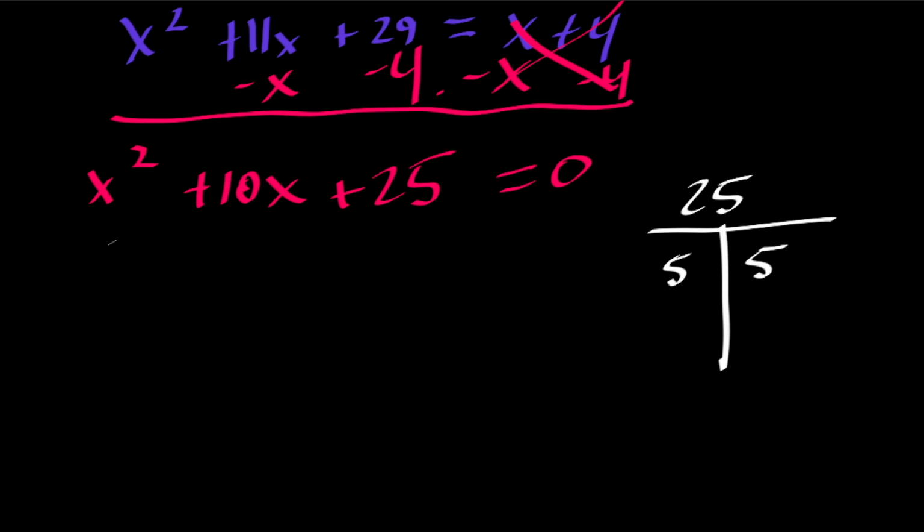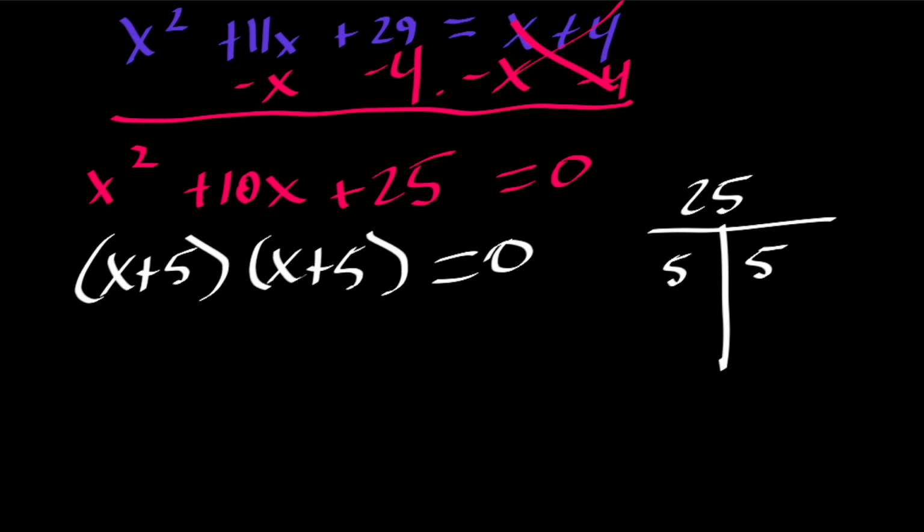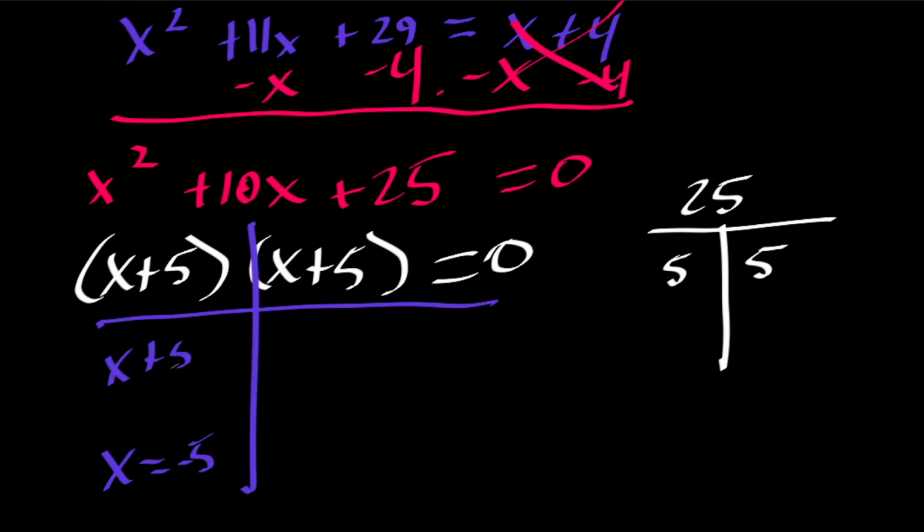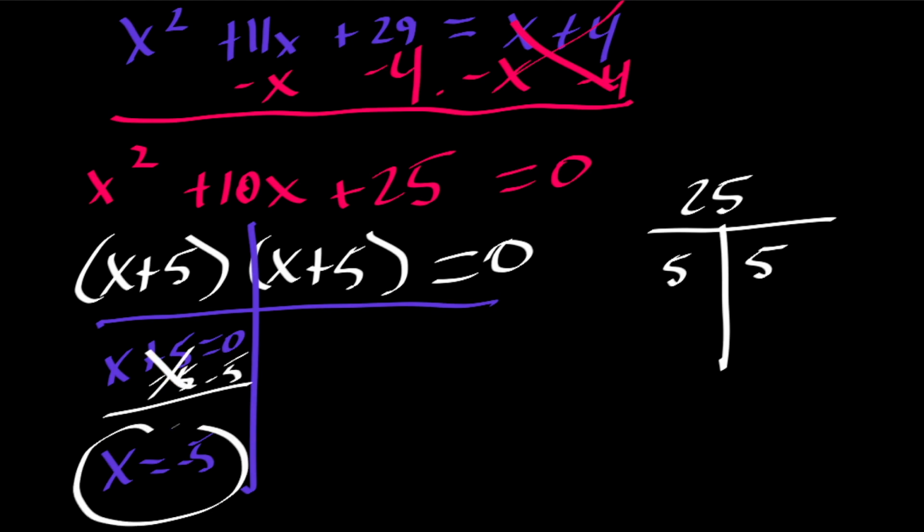Now, just to show you this example, I want you to notice this. These two parentheses are the exact same. So if we were to split these apart and solve each of these, it's just going to give us one answer. We can use the trick and flip this sign and just say x equals -5, or we could just write this out and say we're going to subtract 5, but x would still equal -5.